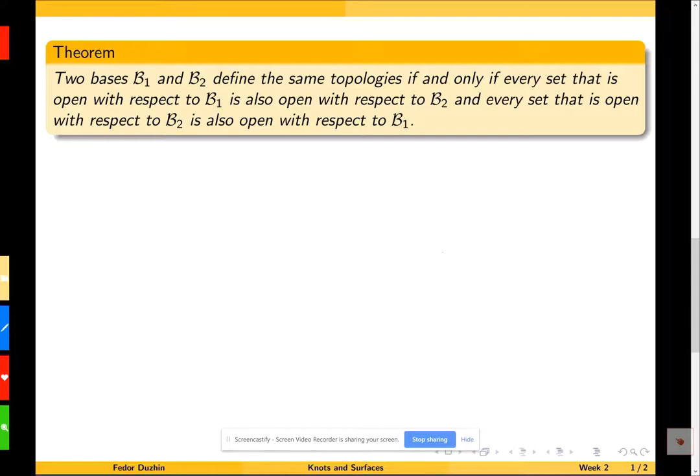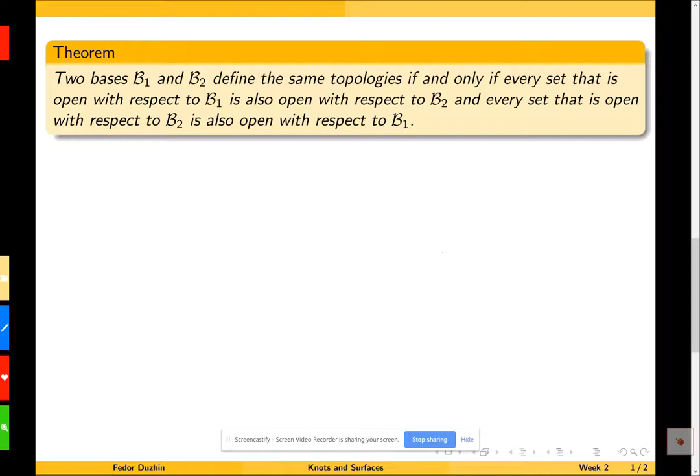So if it is open with respect to B2, then it is also going to be open with respect to B1. Now, the proof of this theorem is one of the exercises in the problem set. So I suggest that you either try to do it by yourselves or you just read the official solution that some of you have already submitted.